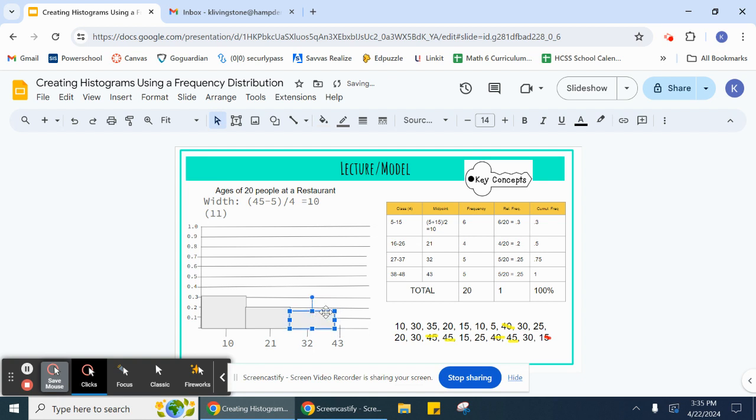It's not really going to let me drag it exactly halfway, but again, it should be halfway between 20 and 30. And then last but not least, we have another 25% that has the midpoint of 43, and this line is going to be drawn down a little bit.